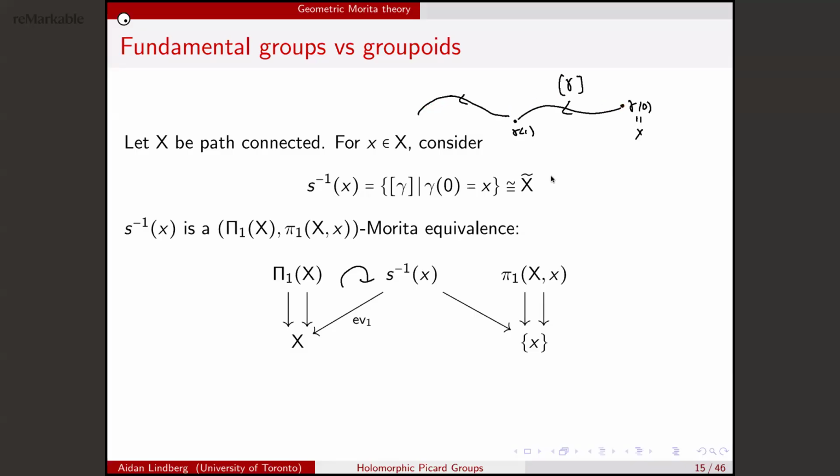And then there's a right action, which is saying if I have a loop based at x, I can just pre-compose with this loop, and I'll get another path starting at x, where now I go around the loop, and then I follow my original path. Both of these actions are principal. So this is saying that the fundamental groupoid is Morita equivalent to the fundamental group of x based at any point.